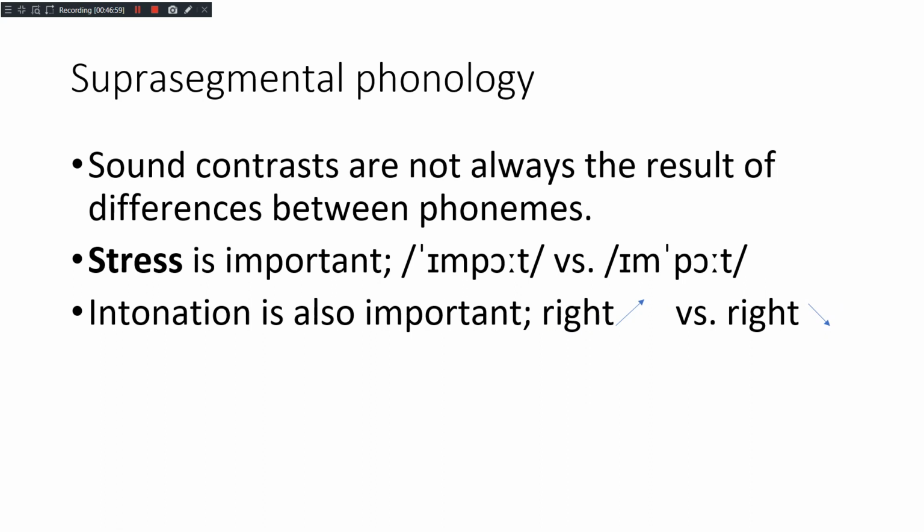So I want to know your answer. What do you think? But if we pronounce it with a falling pitch or a falling intonation, it can be heard as confirmation or agreement. Right. Yes, I agree with you. That's right. That's correct.